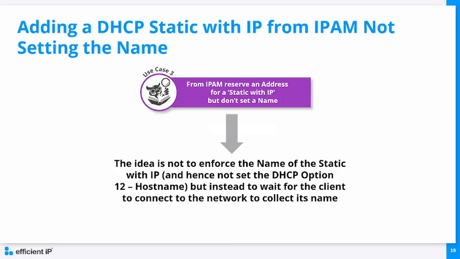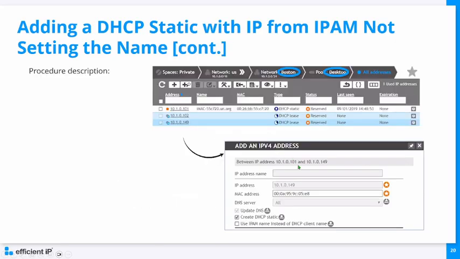Another thing to talk about here, don't worry about this slide. When you add a static with IP, you must enter the MAC address. The thing they want to show you is that you want to make a static, you assign this MAC address to this reserved IP address.